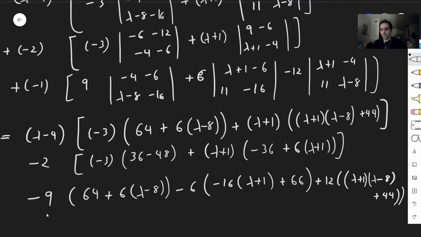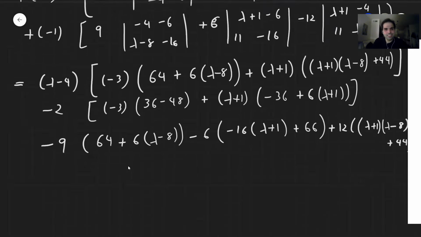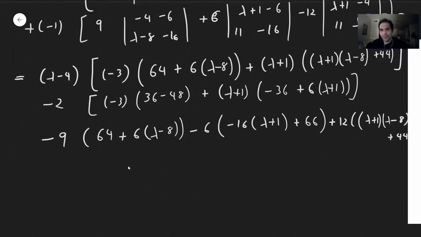So that was page 1 out of 7, actually. And then now expand this out. One second. All right. And now, next step, let's expand this. So that is lambda minus 4. And then let's simplify this a little bit. So minus 3 times 64 minus 48, that is 16.